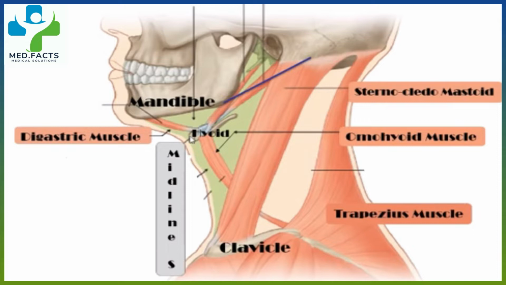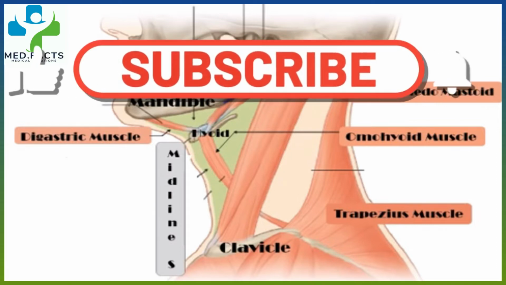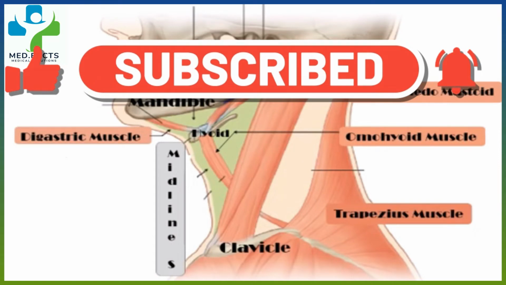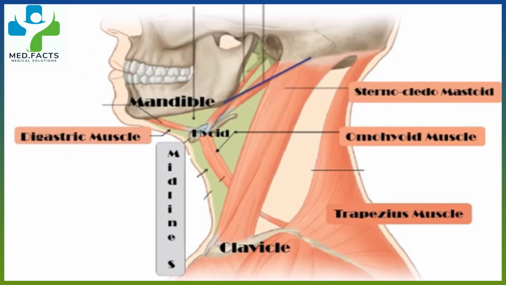If you remember these 2 lines, 3 bones and 4 muscles, then you can write for any boundary. If they ask you any boundary of any triangle, then you can easily write if you remember these 2 lines, 3 bones and 4 muscles.